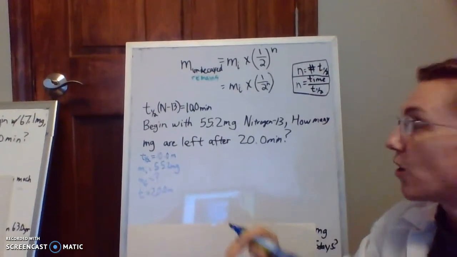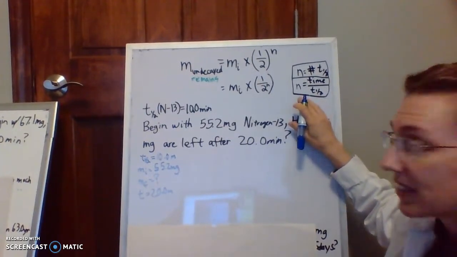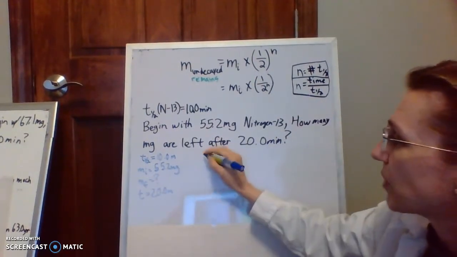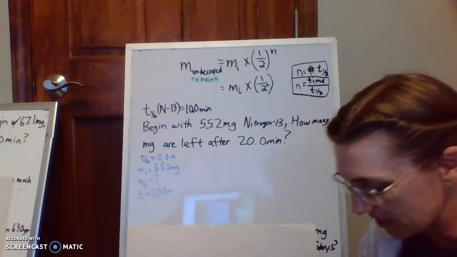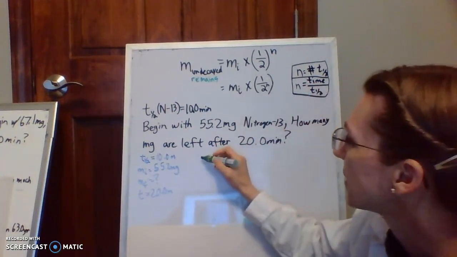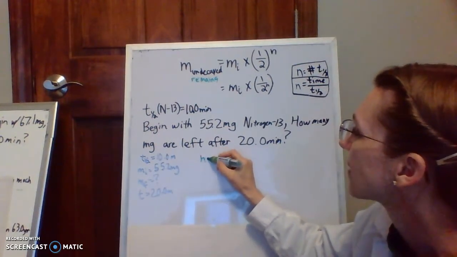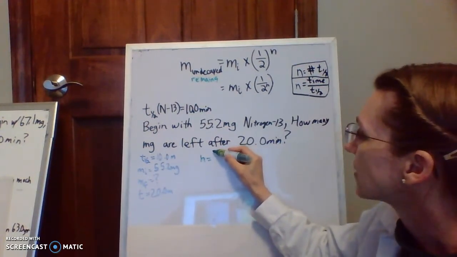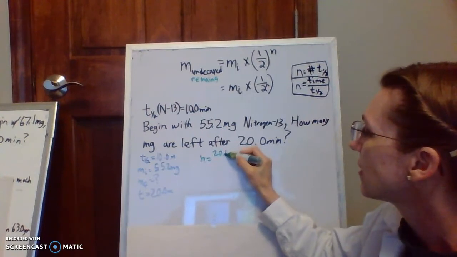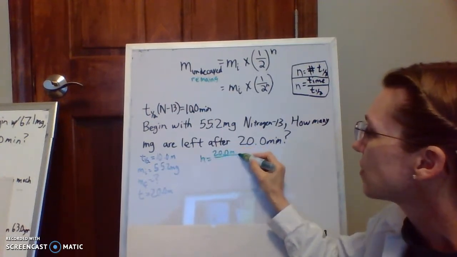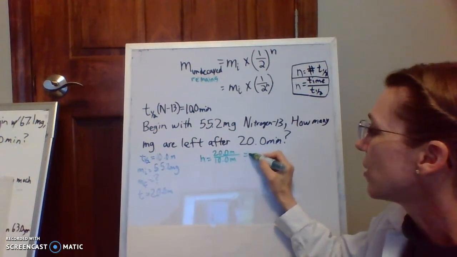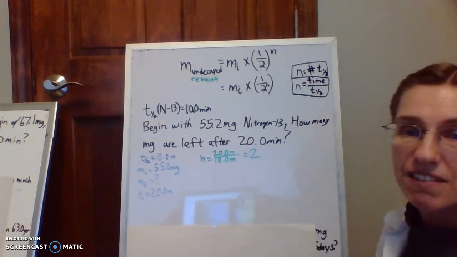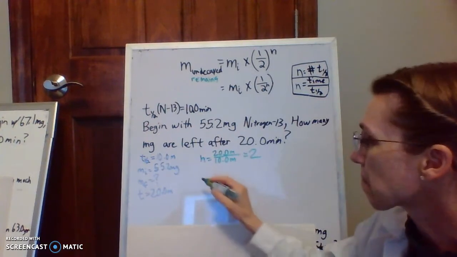So first of all, we need to figure out what n is, right? We've got time and half-life. Let me use a different color here so we can keep it straight what we're calculating. n equals our time, which is 20 minutes, divided by our half-life, which is 10 minutes. So we have 2 half-lives during this time period.